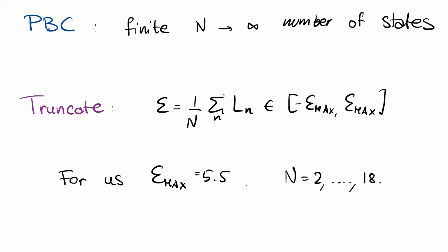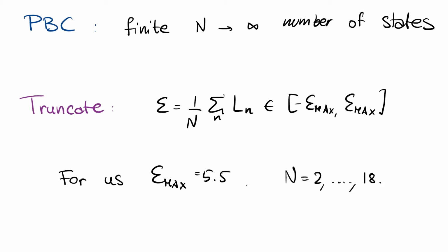Okay, so I'm going to do some very easy numerics to start off, and by very easy, I mean really easy. I'm going to take periodic boundary conditions because I like translational invariance, and I'm going to work at finite n, diagonalize the theory, then do it for larger n, and then extrapolate n to infinity. As I told you, I need to truncate this epsilon variable because otherwise my gauge invariant Hilbert space is infinitely dimensional, and I truncate between minus epsilon max and epsilon max.